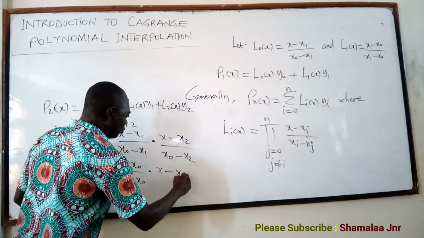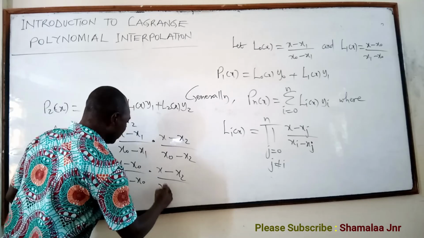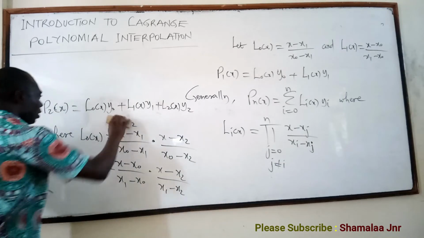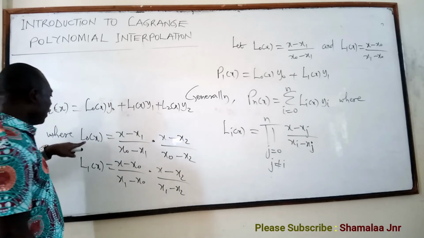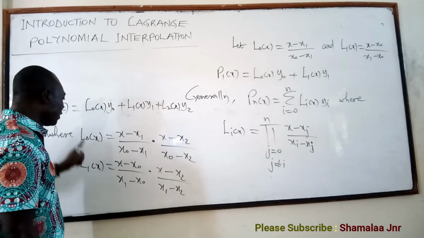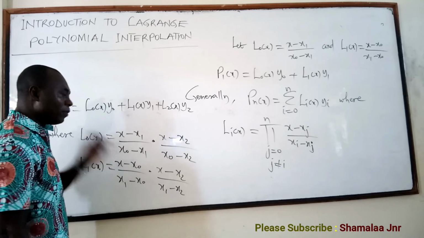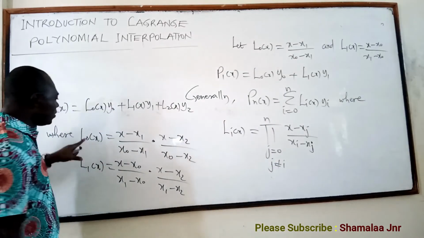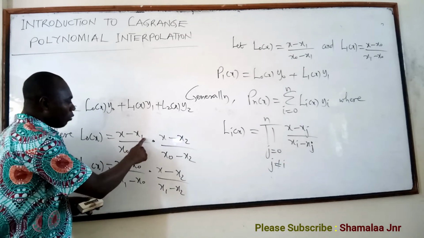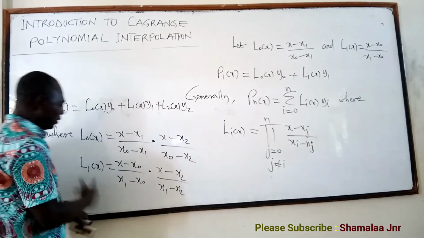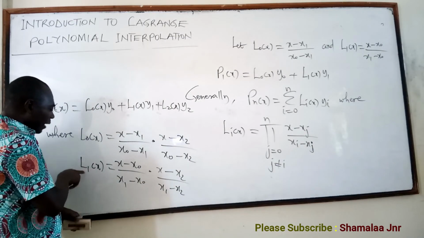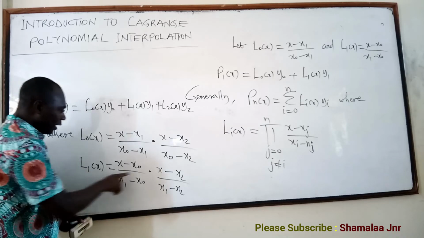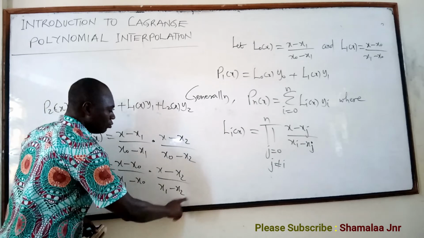So x2 all over x1 minus x2. Yes, because for the first one, the values available are 0, 1, 2, because for a polynomial of degree 2, n is 2. i took 0, so j took 1 here and 2 here. Here, i has taken 1, so j has taken 0 here and 2 here.